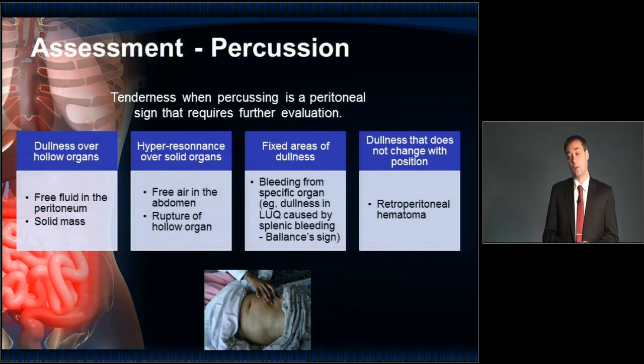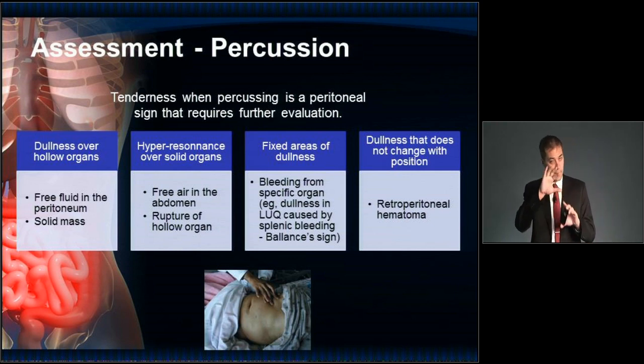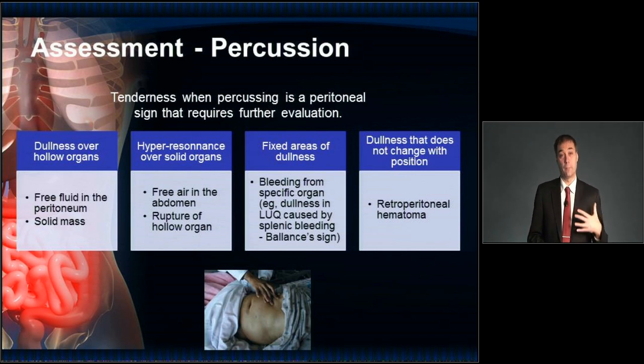Fixed areas of dullness, where you have a dullness that suddenly ends at a very clear distinction point, often indicate a hematoma. So bleeding from specific organs, for example, dullness in the left upper quadrant from a splenic rupture could indicate a hematoma from the spleen.